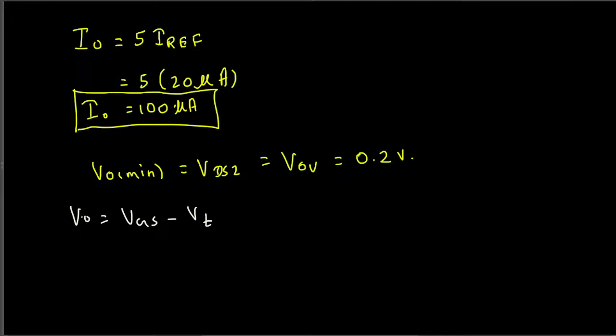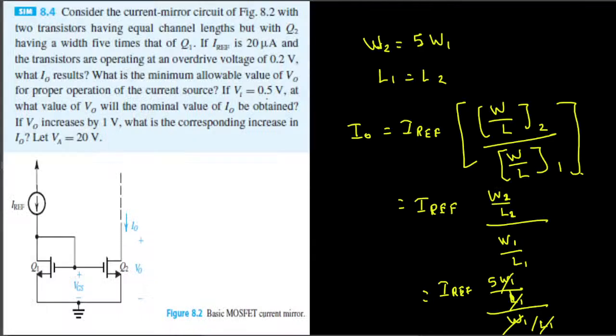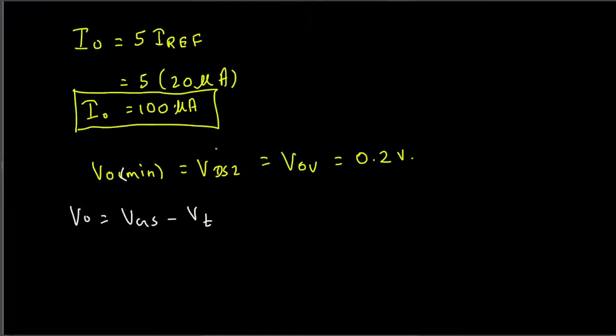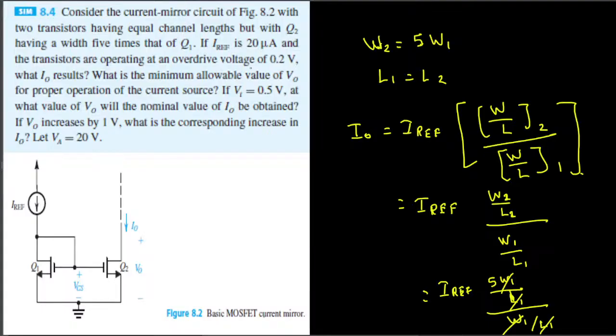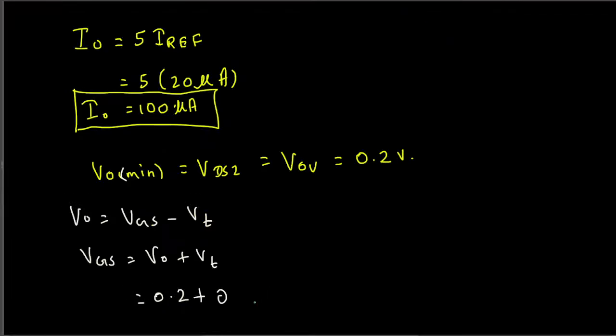We already know the overdrive voltage, we just calculated that to be 0.2, and then the threshold voltage is provided in the question, that is 0.5 volt. So from this we can calculate VGS. If we rearrange this equation, VGS is going to be V overdrive plus VT, 0.2 plus 0.5, and that's going to give us VGS to be 0.7 volt.